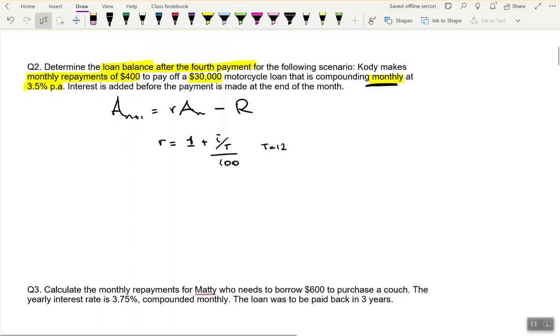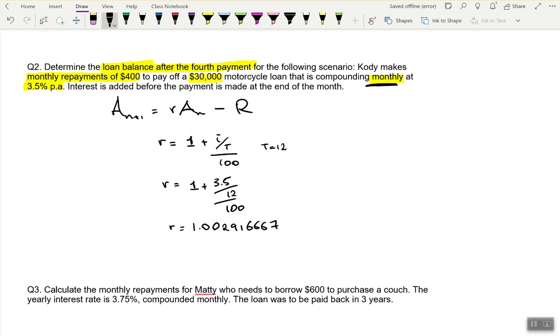Okay, I have got R is equal to 1 plus 3.5 over 12 over 100. So divide by 12, divide by 100, and I should get R to be equal to 1.002916667.